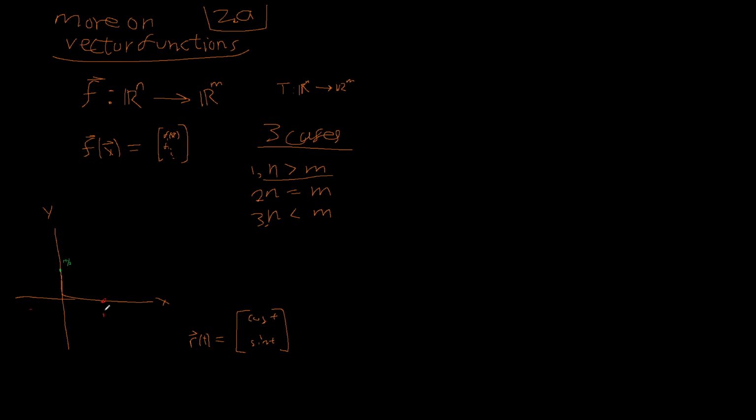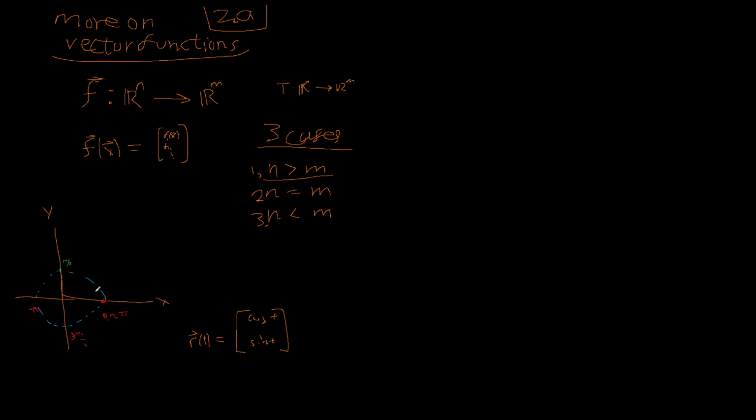Here's t equals pi, and then here's 3 pi over 2, and then 2 pi back at the start. This forms a circle. This function here, r(t) equals cosine t, sine t, parameterizes a circle in 2D space. Just a single curve.